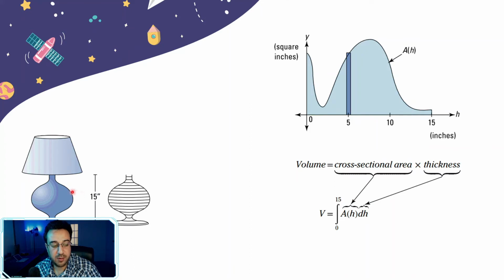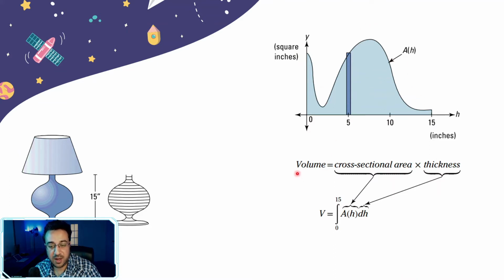Now going back to our side lamp example, we have the function A of h. In this case, we have square inches on the y-axis, and on the x-axis we have the height in inches. Now if we want to find the volume of this lamp, you have the height of the lamp going from 0 to 15 inches, and you have the area of the lamp as a function A of h being represented in the curve.